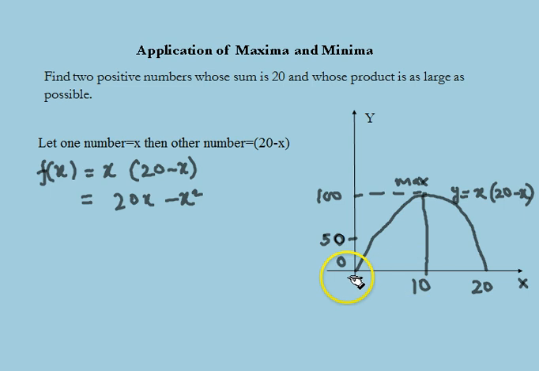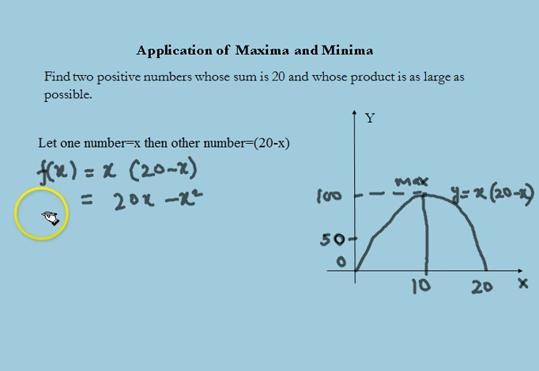Since the function is continuous, the function has an absolute maxima in the interval 0 to 20, which is located either at x equal to 0, x equal to 20, or an interior point where f dash is equal to 0.